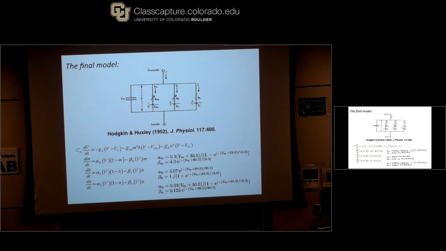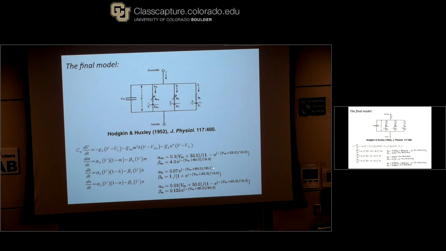It gets a little bit worse because the terms inside the differential equations for these prefactors can also have some voltage dependence. So here you see alpha has some exponential dependence on the voltage, beta as well, and so on and so forth.